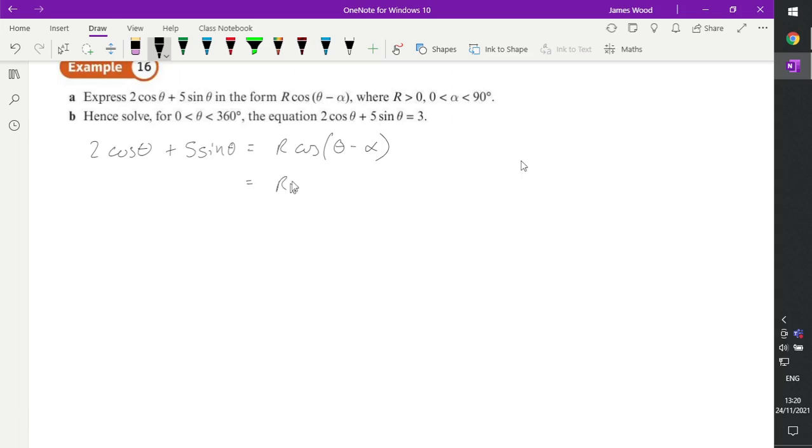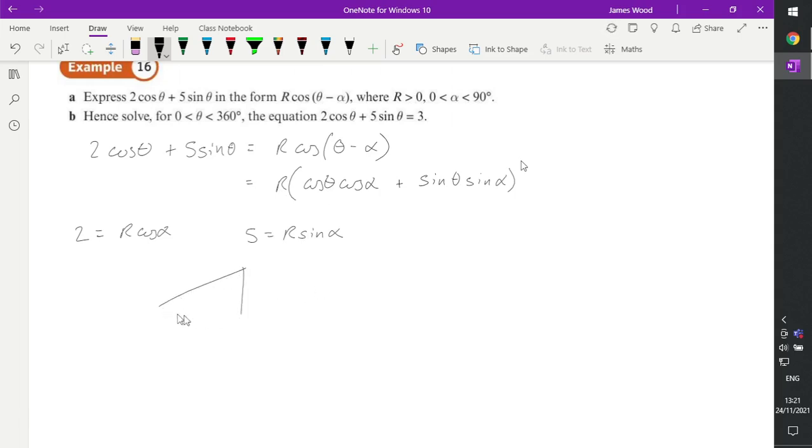So this is going to be r times (cos theta cos alpha plus sine theta sine alpha). Then we're going to compare coefficients. So my coefficients of cos theta, on the left it's 2, on the right it's r cos alpha. Now if I do the same for sine theta, the coefficient of sine theta on the left is 5, and on the right is r sine alpha.